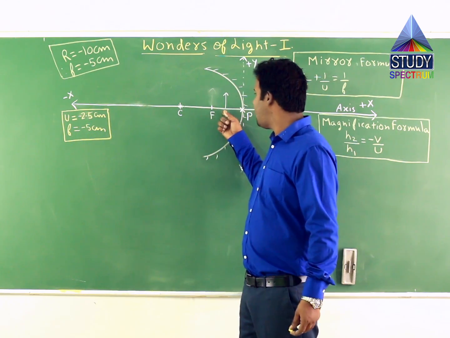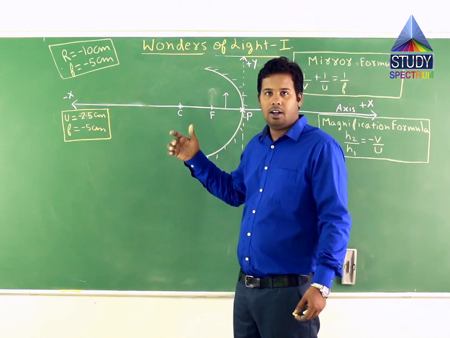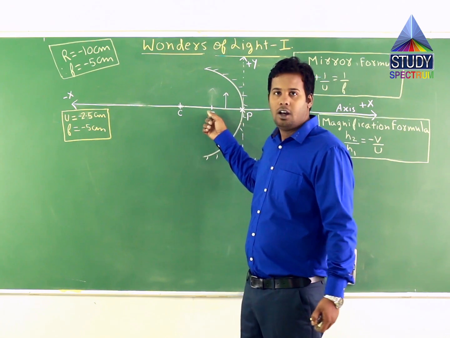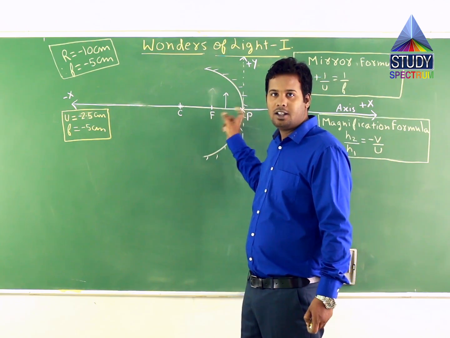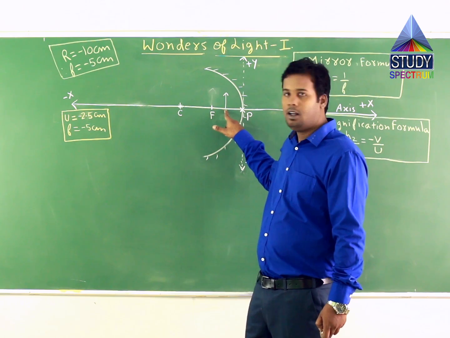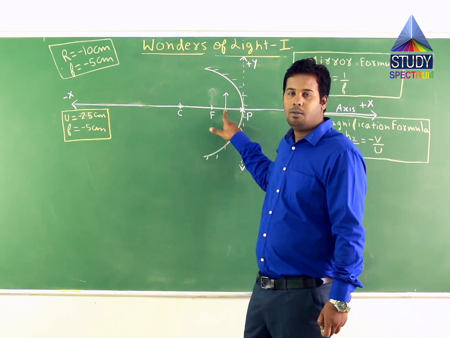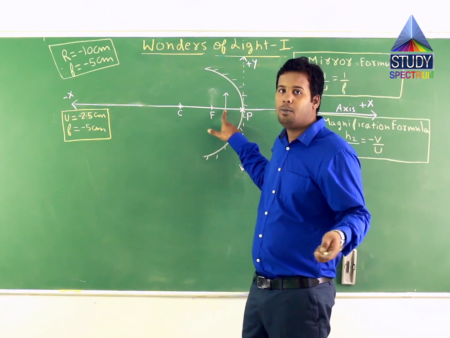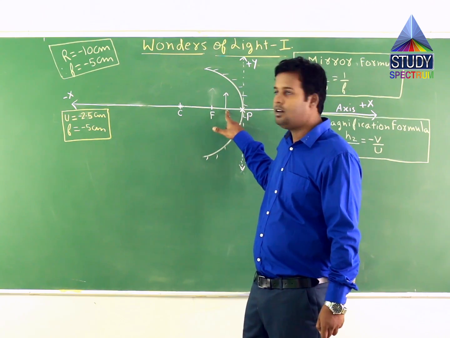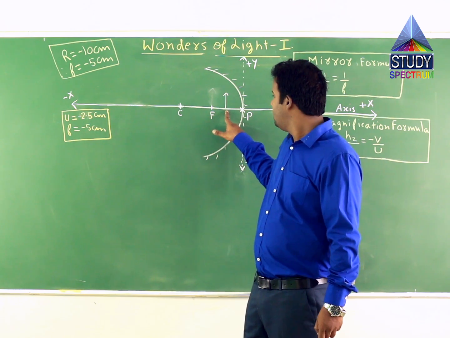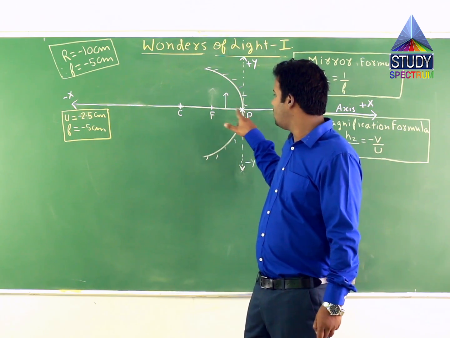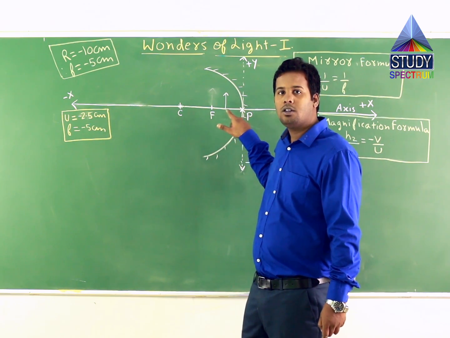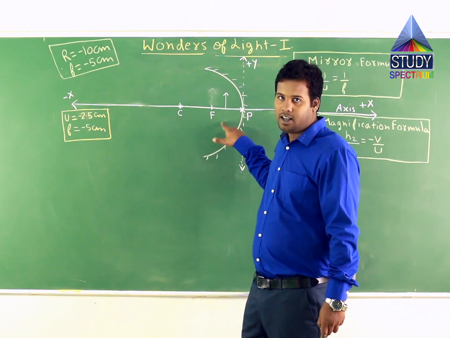Because -2.5 is greater than -5 in terms of negative sign, or in terms of magnitude, it is less than 5. This point can be less than minus 5 if we talk about magnitude, but if we talk about the number with sign, this is greater than minus 5, correct? So we can take any value between 0 and 5. I have taken 2.5. Why minus 2.5? Because this is on the negative x-axis.